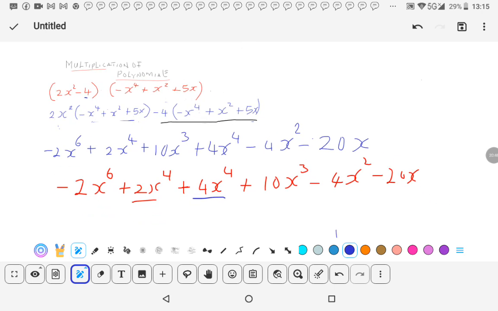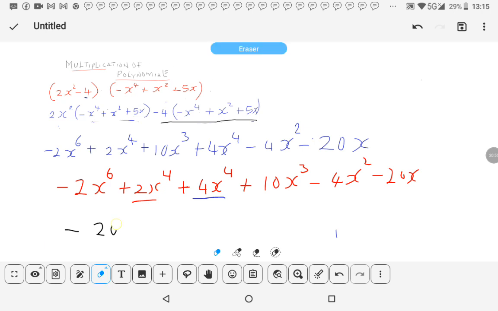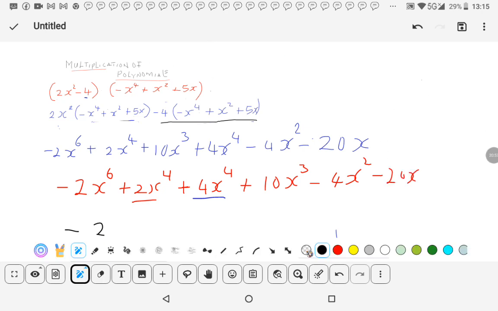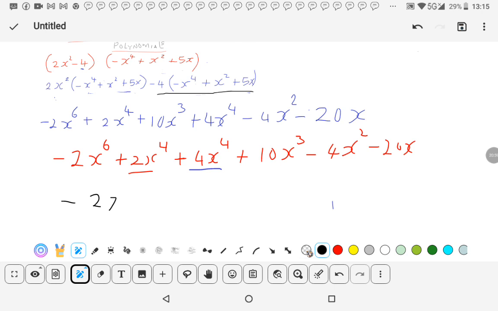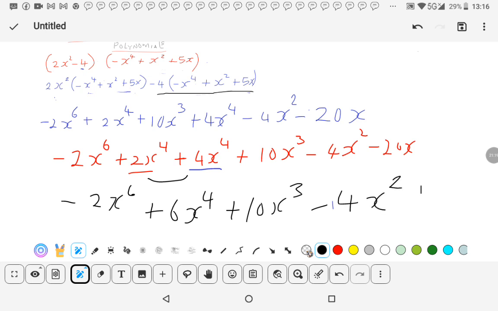If we add them, we will be having minus 2x raised to the power of 6, then if we add these two, we will have plus 6x raised to the power of 4, then plus 10x raised to the power of 3, minus 4x raised to the power of 2, plus 20x.